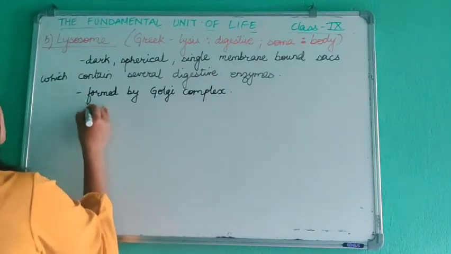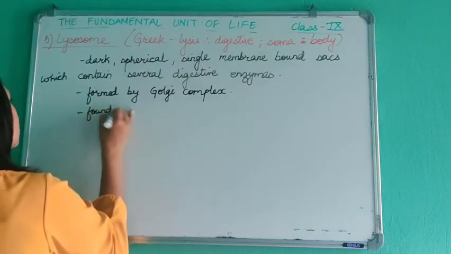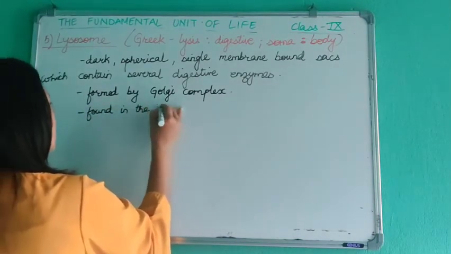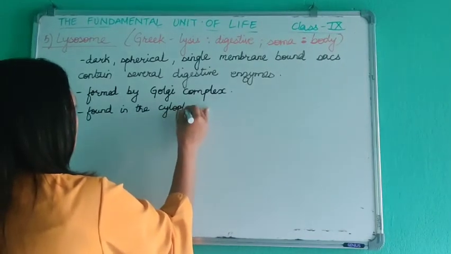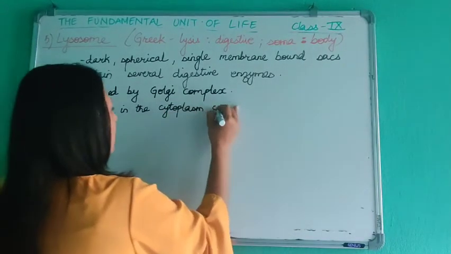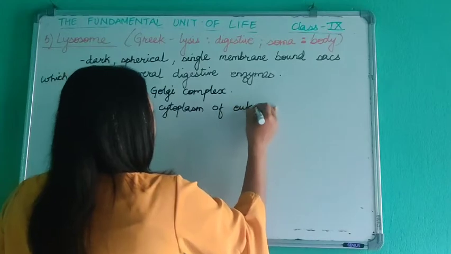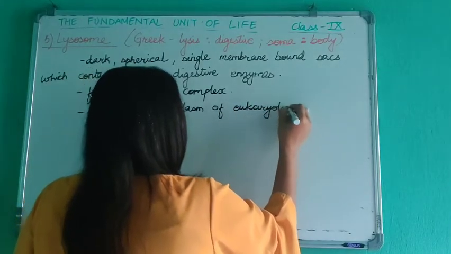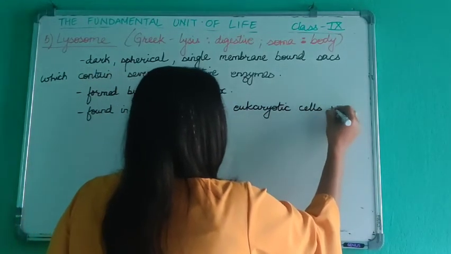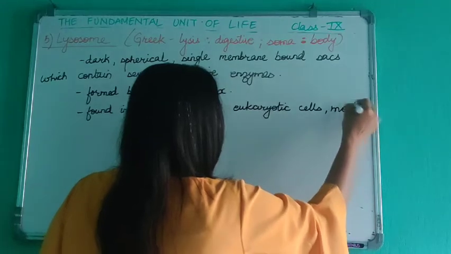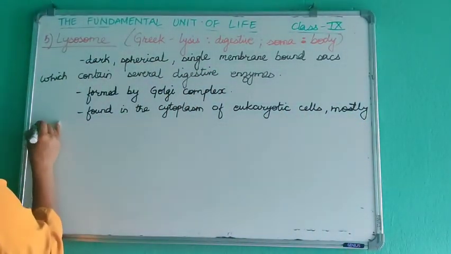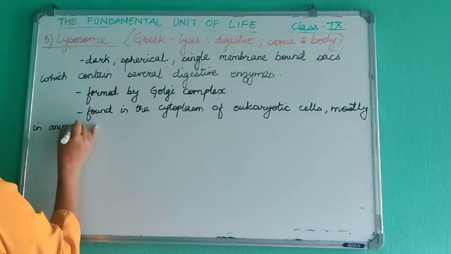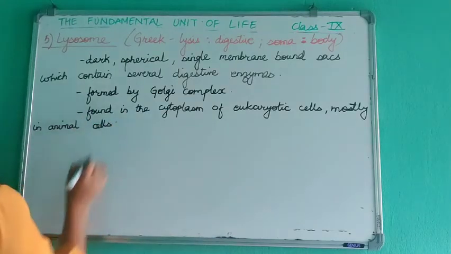Okay, it is found in the cytoplasm of eukaryotic cells ma huncha, mostly in animal cells. Prokaryotic cells ma chai hundaina.